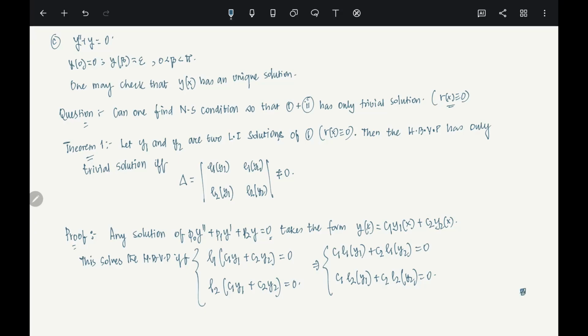If you are assuming that this system has the trivial solution c1 equals c2 equals 0 only, if and only if delta is non-zero. Delta is this determinant. So essentially the theorem is proved. It says that the quantity delta has to be non-zero, very easy to see.